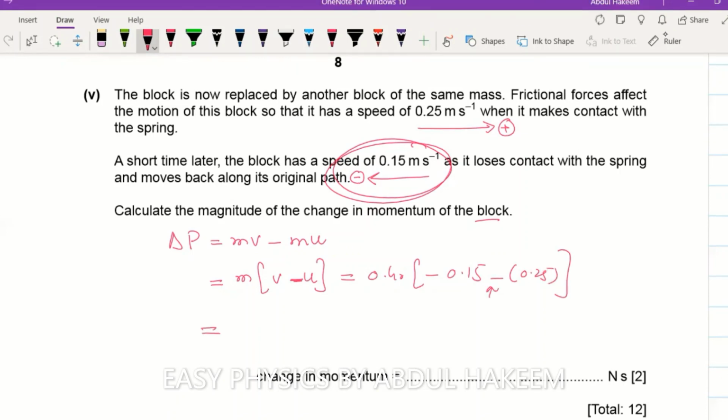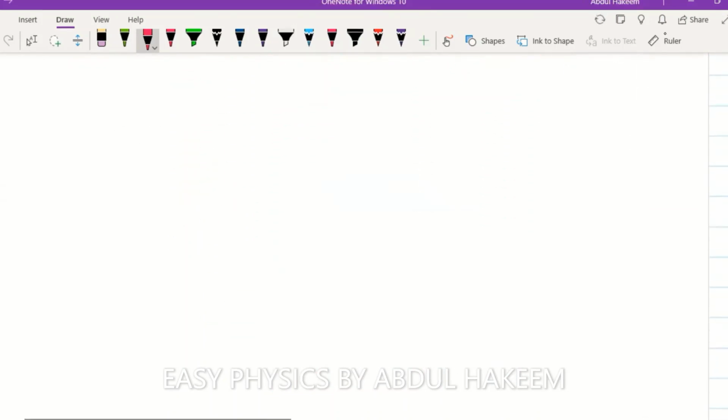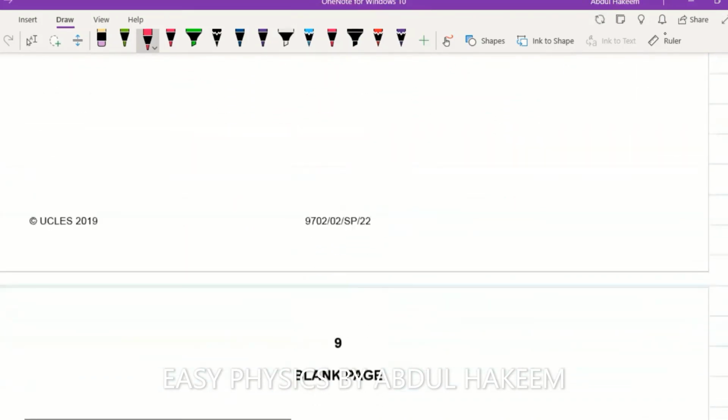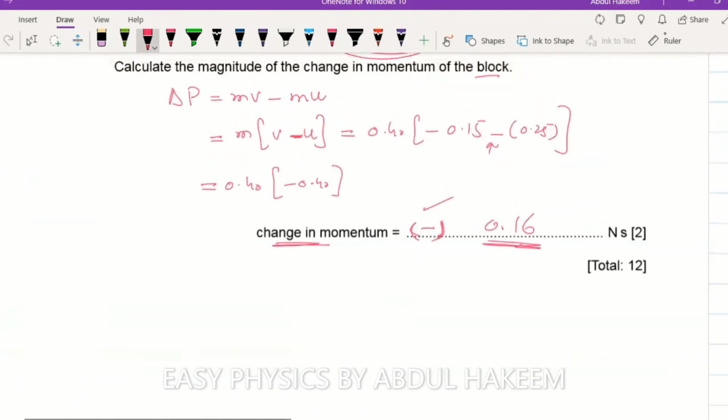So 0.40, and both are added, then it is also 0.40. So we can write 0.40 into 0.40, so 0.16. So this is the change of the momentum. It's up to you whether the positive or negative sign is mentioned or not, but this is the sufficient answer. Okay, so these are the few questions.